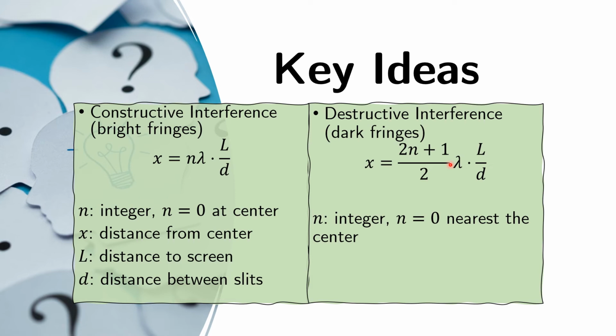And that makes sense because if you recall, when we translate a wave 1/2 of a wavelength, that is the same as flipping the wave. And so if you add the original wave to the flipped wave, you get destructive interference. So that's one way of remembering these two formulas.